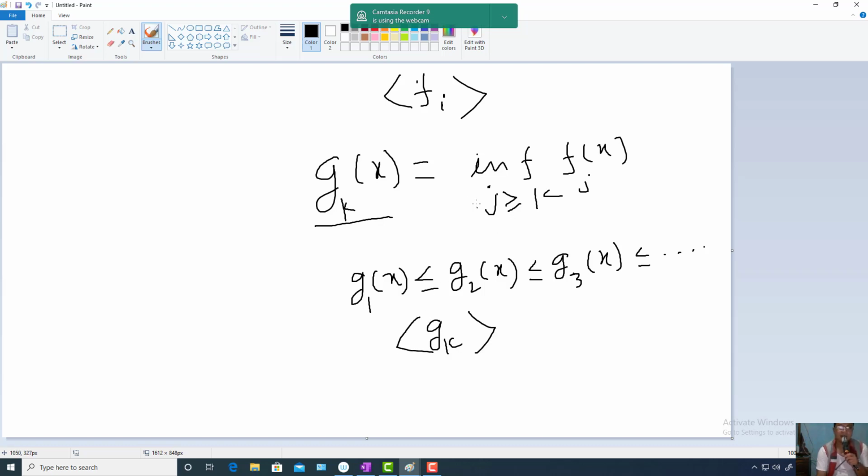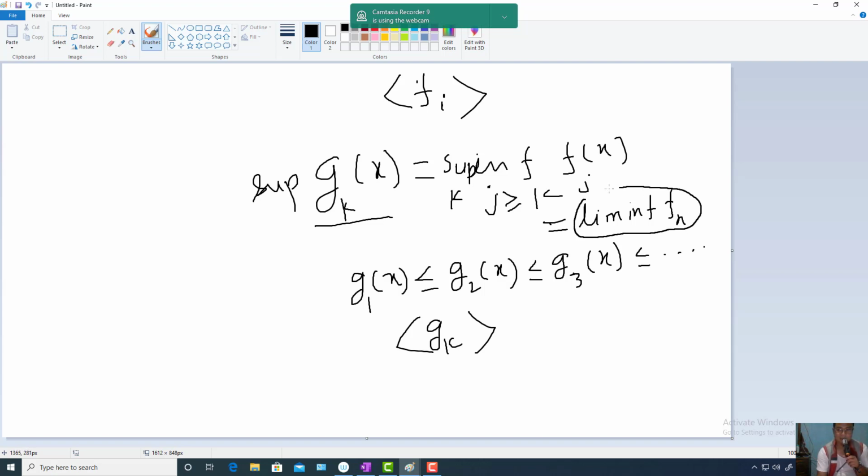Then if you take the supremum here, what happens? The supremum over k running from 1 to infinity. So the supremum over k of the infimum over j greater than or equal to k, by definition, this is the limit infimum of fn(x).